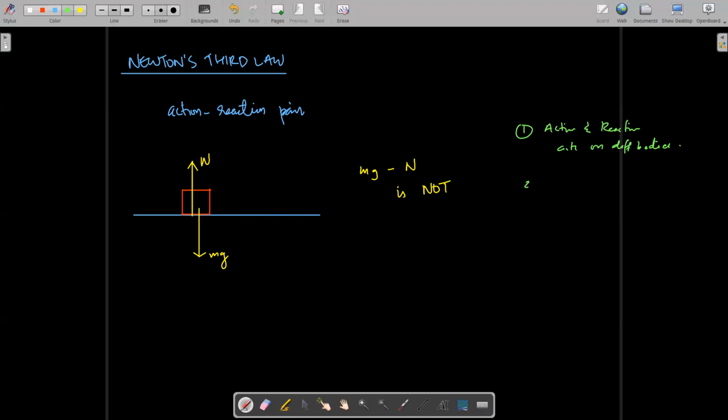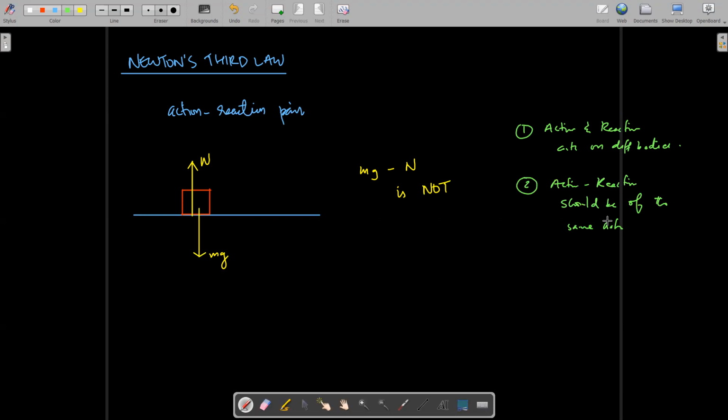The second thing is that action and reaction should be of the same nature. One cannot be an electrostatic force and the other a gravitational force.